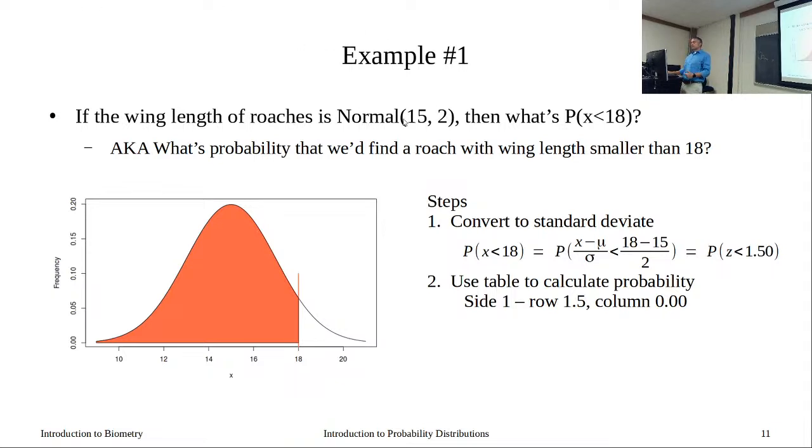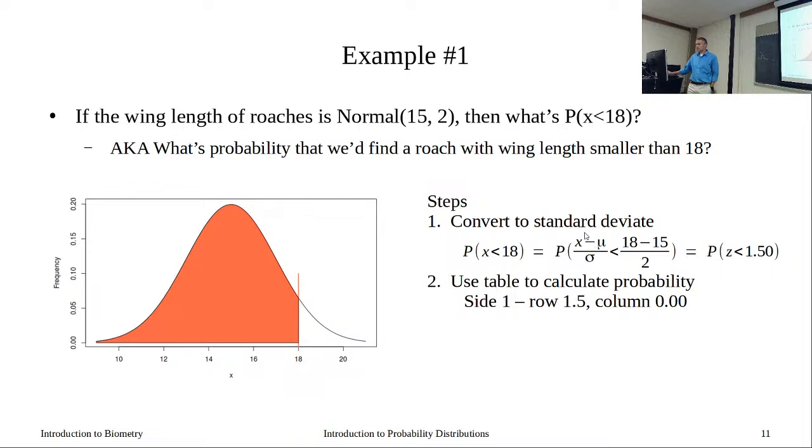So what we're going to have to do is first convert our distribution to a 0-1. And what that means is this. So this is what we're trying to find. We're going to subtract both sides by our population mean, and then we'll divide both sides by our standard deviation. So here's our x minus our mu over our sigma.